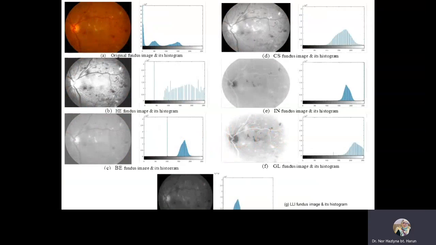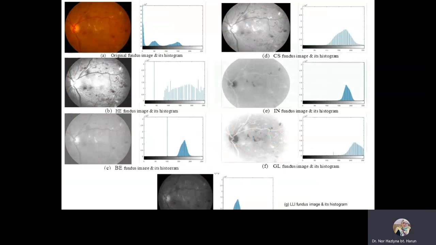For figure A, this is the original image. B, C, D, E, F, G are the resulted images from HE, histogram equalization, brightness enhancement, contrast stretching, image negative, gray level slicing, and finally, the last method applied is low light image.